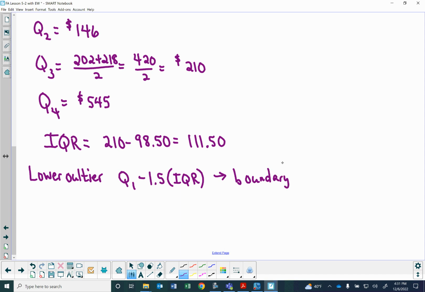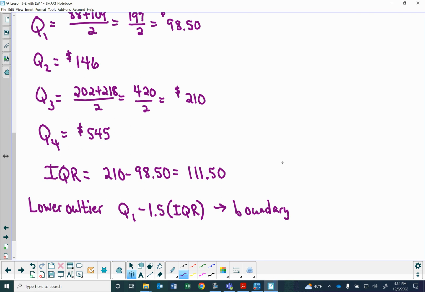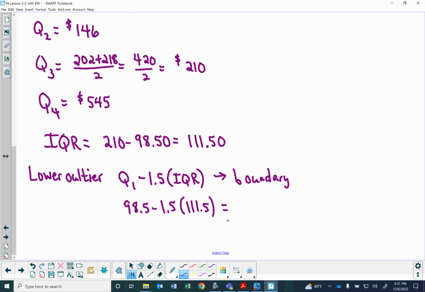So let's take a look at this. Q1, let's go back up here, is 98.50. If I take 98.5 and I subtract 1.5 times 111.5, I get negative 68.75.